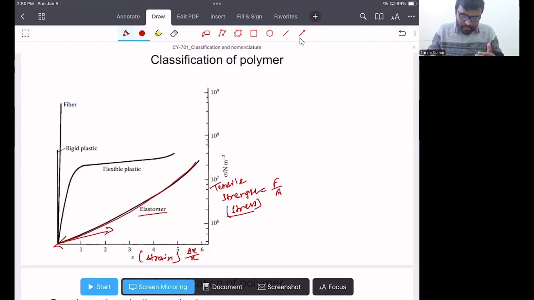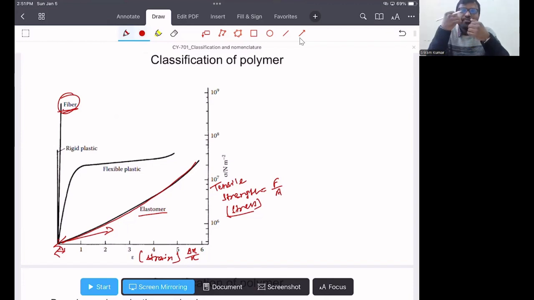So in elastomers, even though you apply very little stress or pressure, the material gets deformed to a very large extent. However, if you apply the same kind of stress to fibers, this is for fibers, even at very high tensile strength, you have very low or negligible strain.